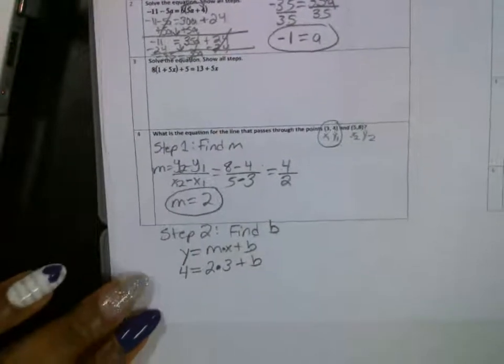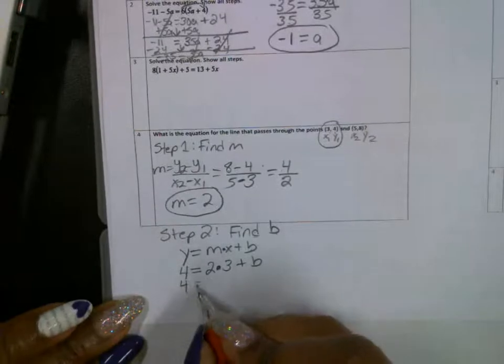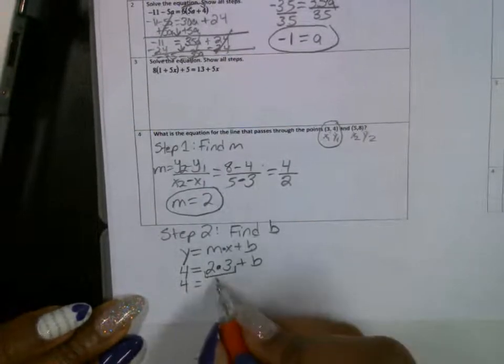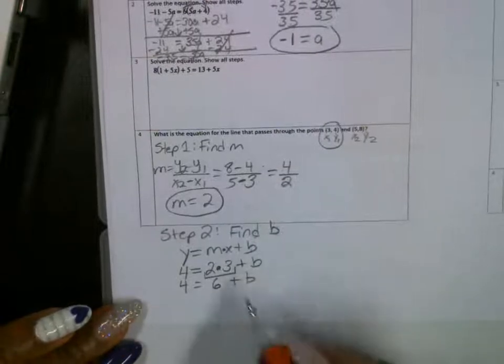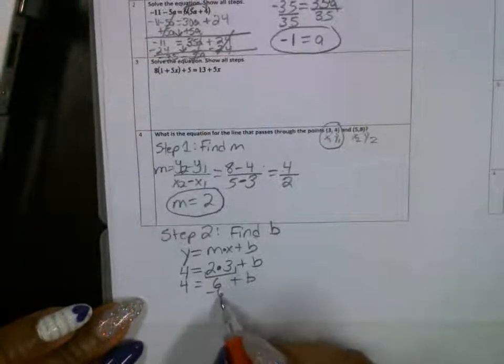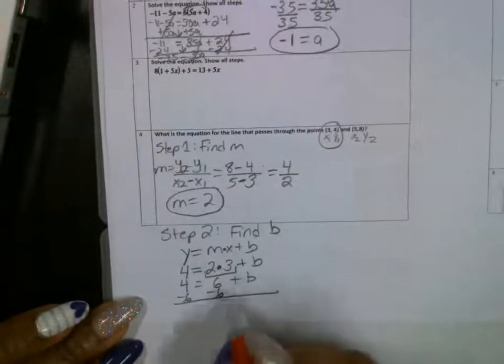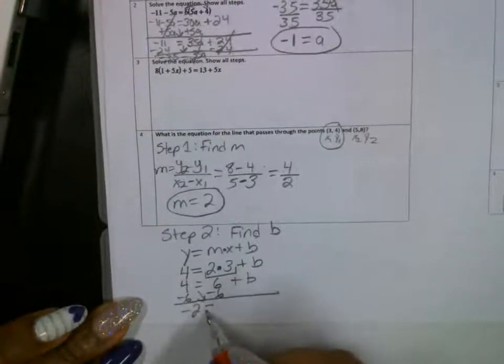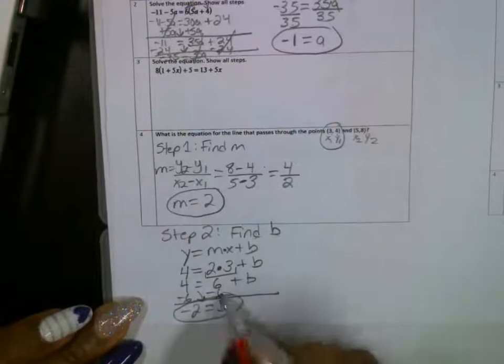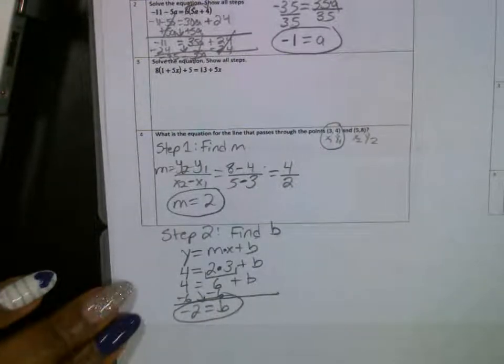So now we're solving for b. This is 4 here. 2 times the 3 is 6. Bring down the plus b. To get b by itself, you're going to subtract 6 on both sides. 4 minus 6 is -2. So b is equal to -2.